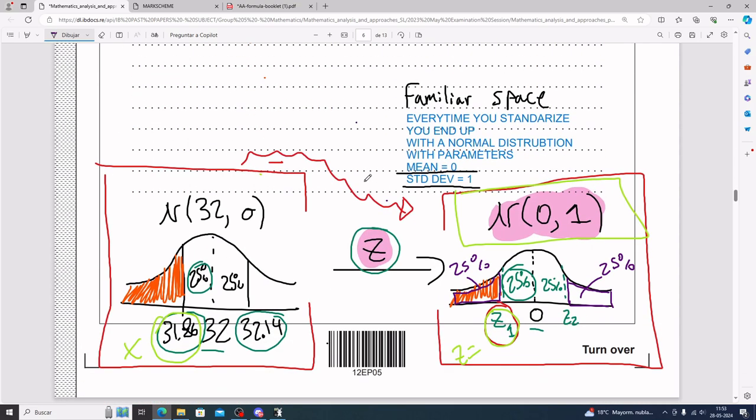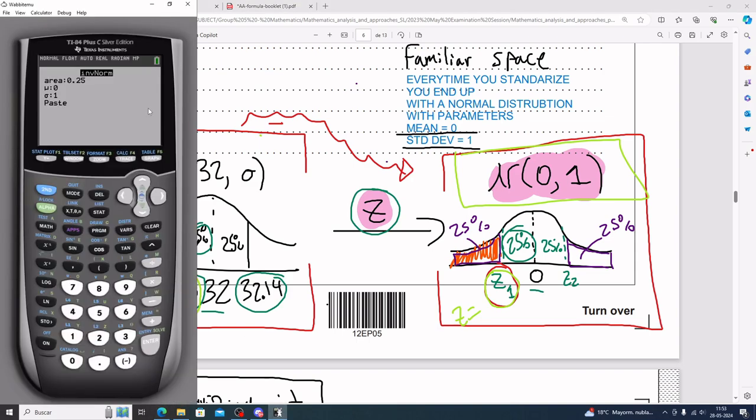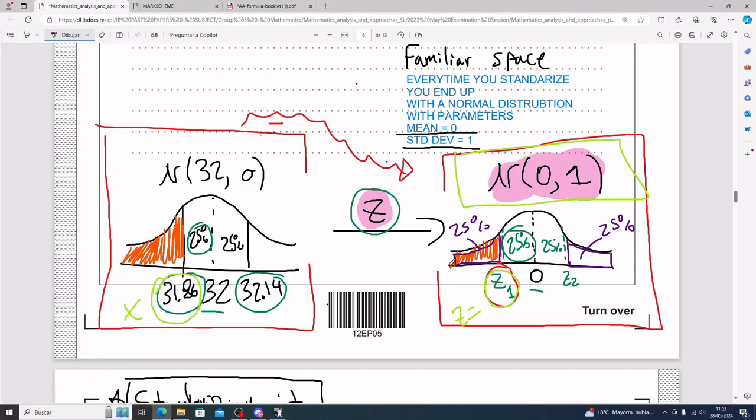You put in 0.25, so that means 25%. So it's reading from left to right until it reaches 25%. Once it reaches 25%, you're going to be right at what we call Z1, which is the equivalent of 31.86, just in its standardized version.